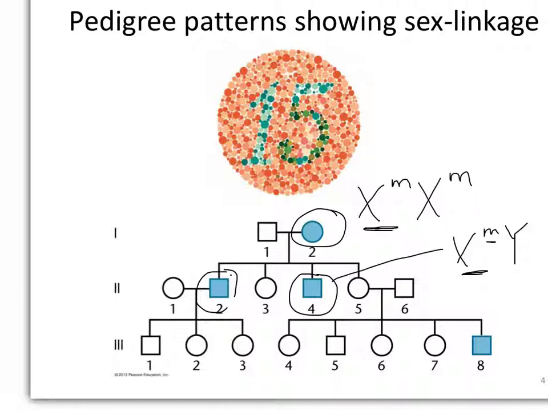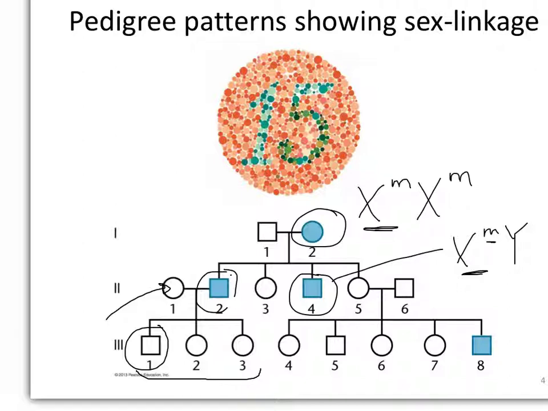And then as you look down at their offspring, if we look over here at individuals III-1, 2, and 3, that male is transmitting only the Y chromosome to his son or sons, and so we can assume that she is either a carrier or she is homozygous for the wild type allele, and she has not transmitted, therefore, a mutant allele to her son. He's unaffected.